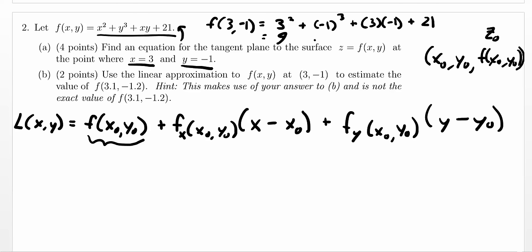Simplifies to 9 minus 1 minus 3 plus 21. And we're going to get 30 minus 4, 26. This number here is 26.